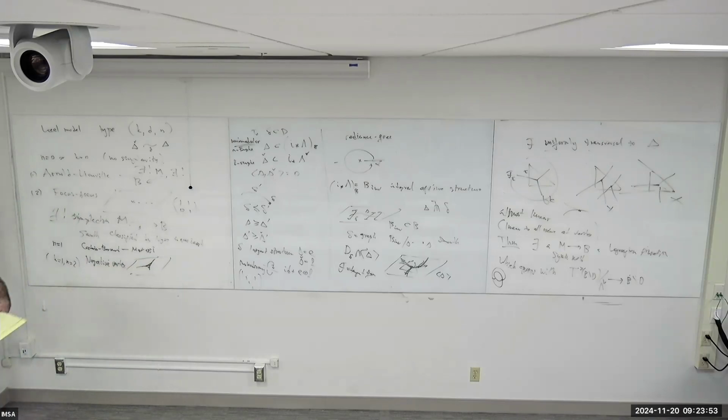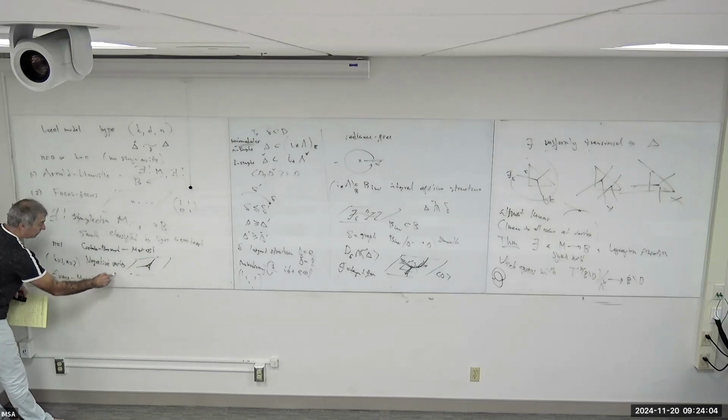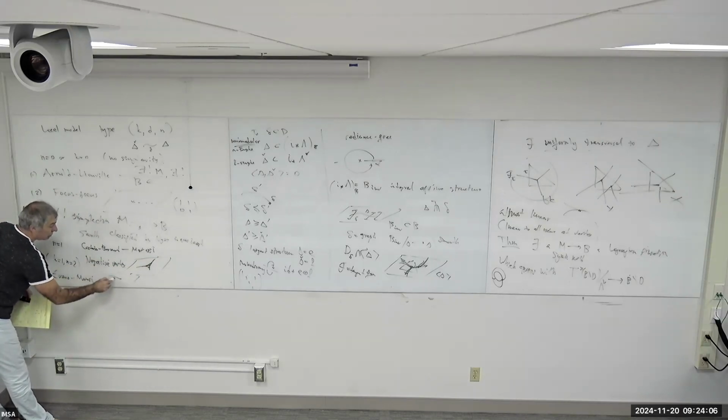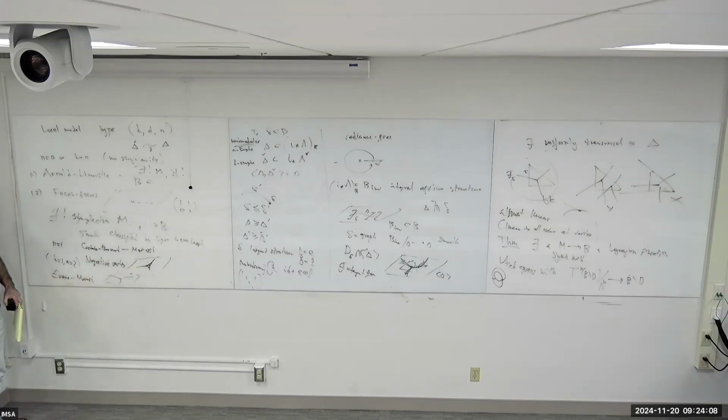There is a paper of Evans-Mauri, which does this in this case. They actually do it all the way to dimension 2, and this is the source of our inspiration.